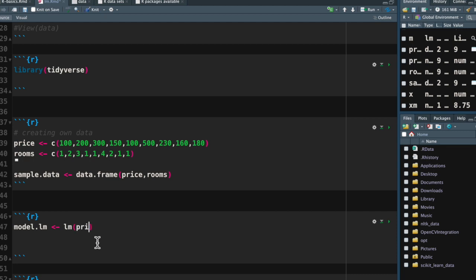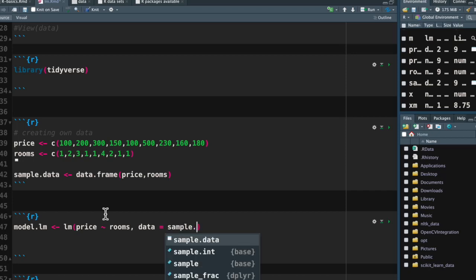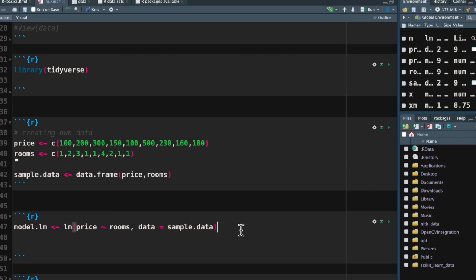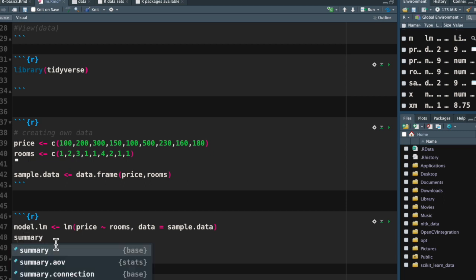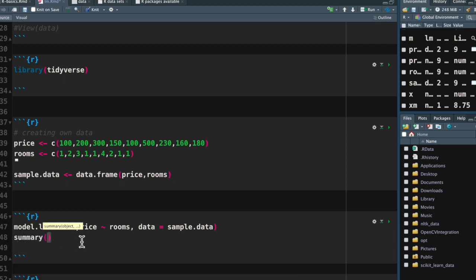What we are trying to predict here is the price based on the number of rooms, which will be read from our data. The data name is sample.data, and once we create that model, we would like to see the summary of the created model as well.